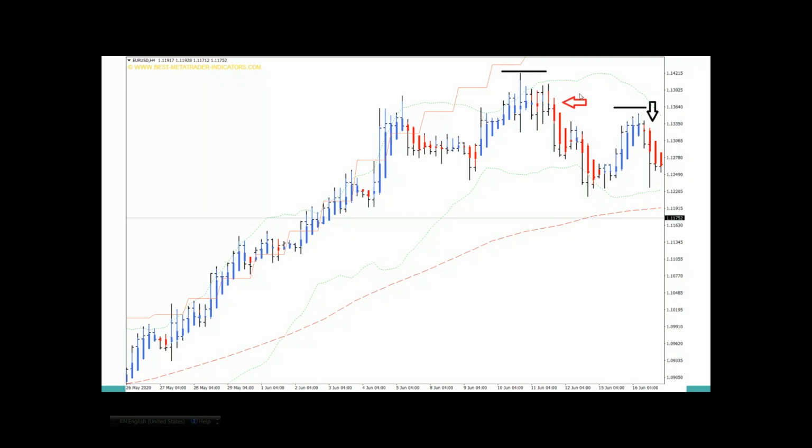Look, it didn't break the up, and the 4-hour Bollinger Bands are going down, and the daily Bollinger Bands continue to move up. It creates a divergence on the band, and based on the price action, we make our call to try to short here. And we're thinking in this situation, because the trend just completed, it should become a ranging situation, and it should hit the bottom of the daily band.